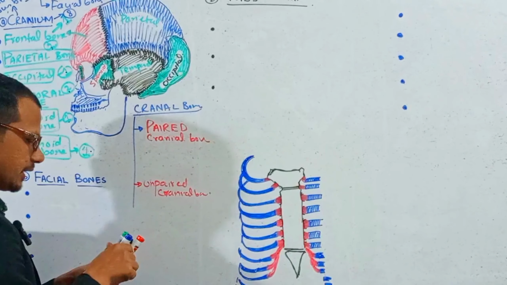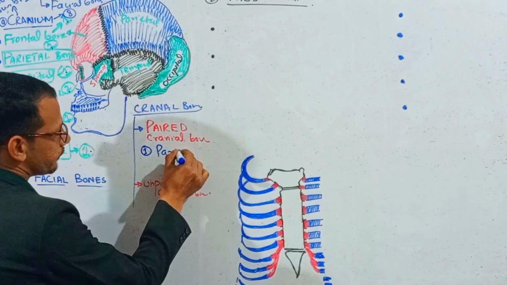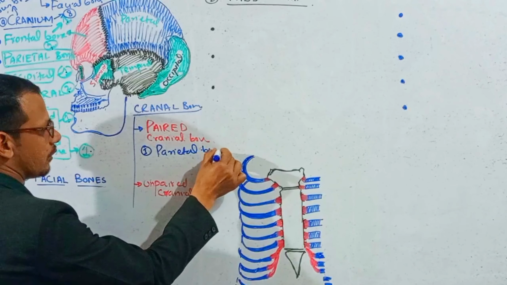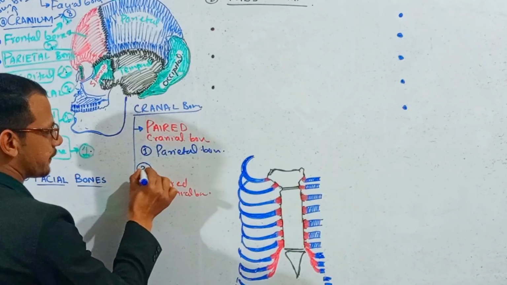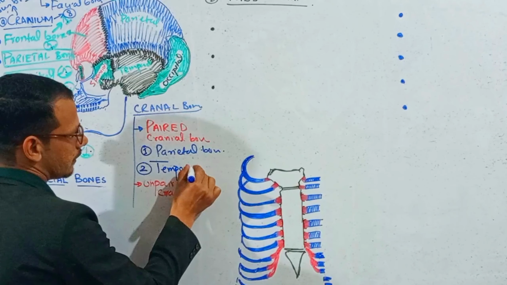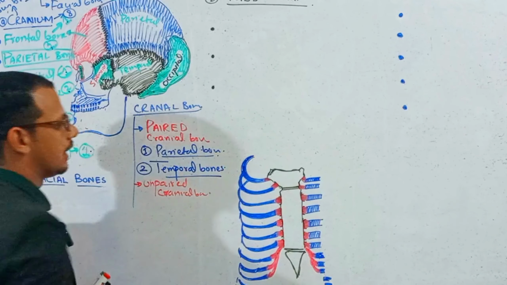The paired are, the one is parietal, which are 2 in number, right and left parietal bones, and the second one is temporal bones, right and left.